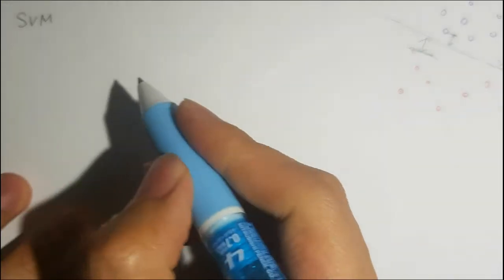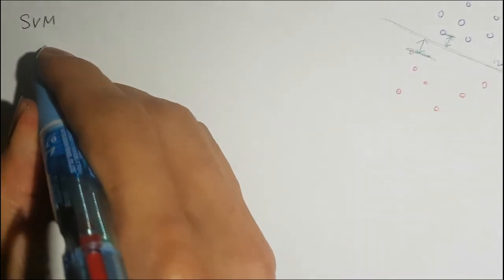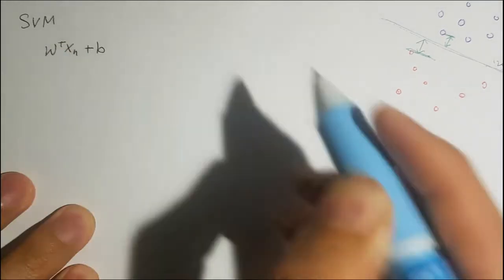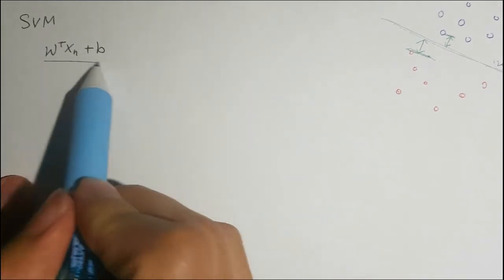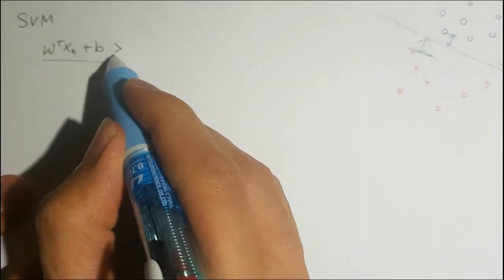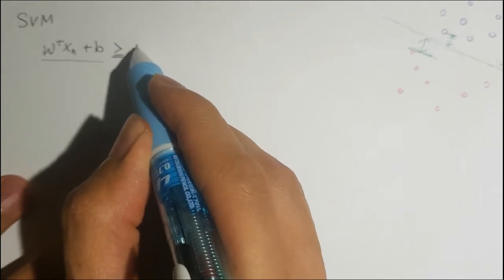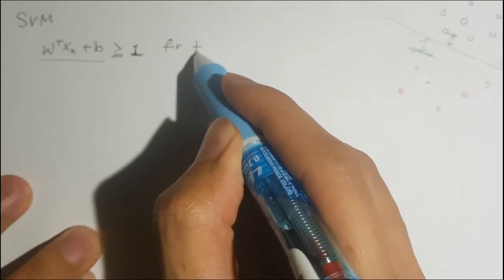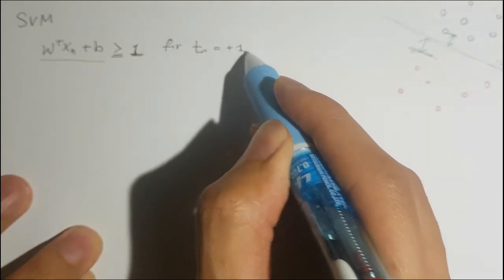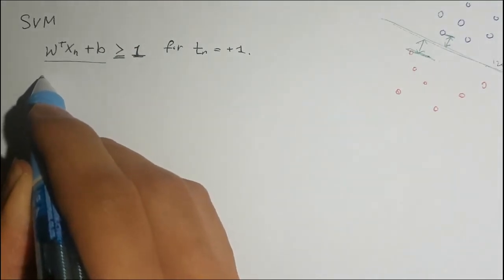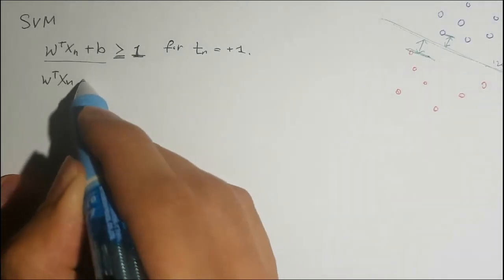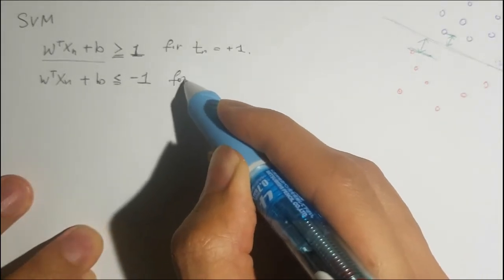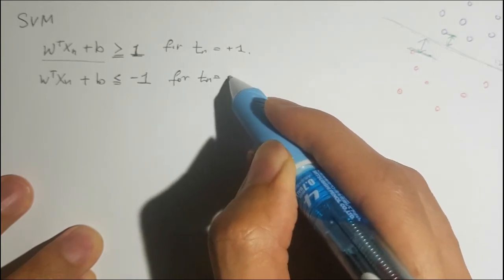So in classification, because it will be a linear classifier, I will write it like this, and if it is larger than 1, then we call this target +1, and on the other hand, if it is less than -1, then our target will be -1.